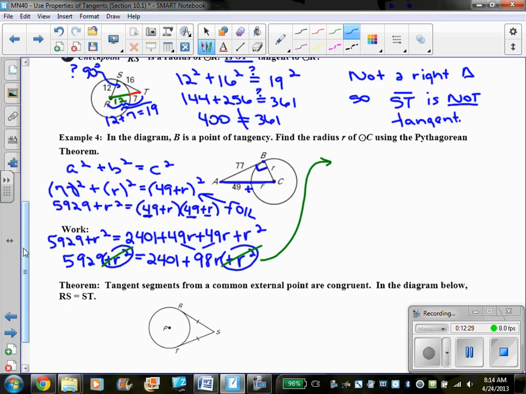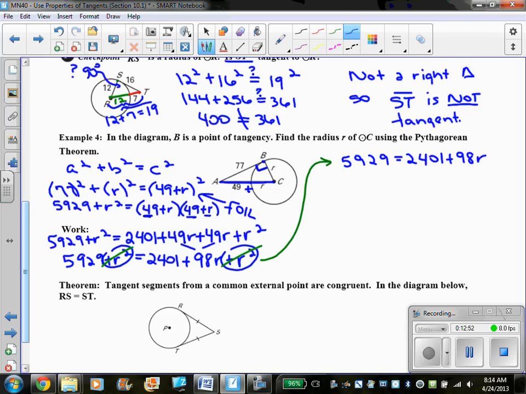If the r squares don't fall out with subtraction or addition, what you end up with is a quadratic, where you're going to use the quadratic formula or factoring to solve it. So on the left side, after we subtract the r squares out, we have 5,929 equals 2,401 plus 98r.